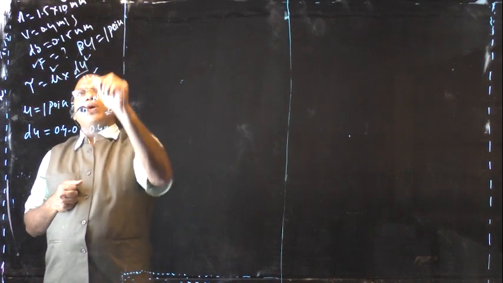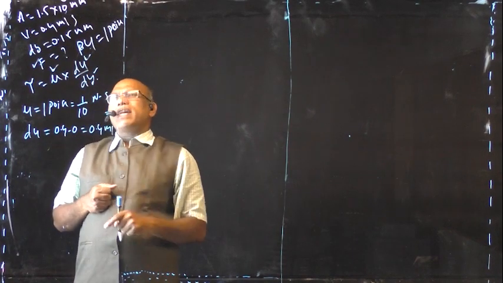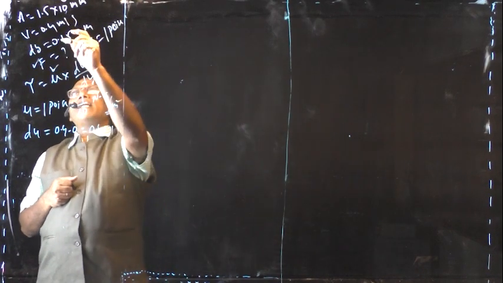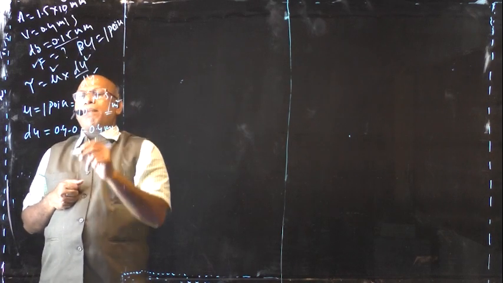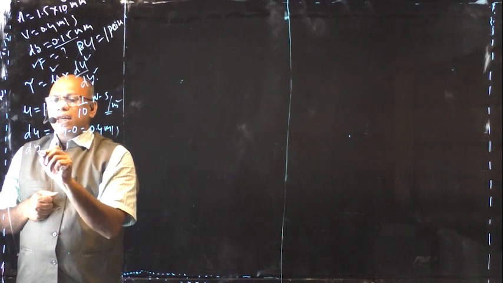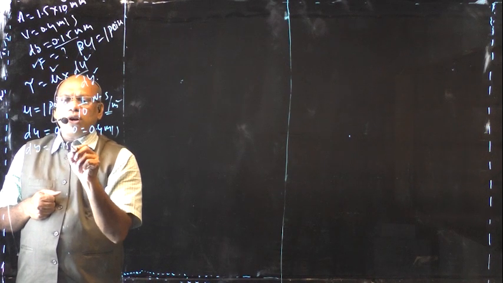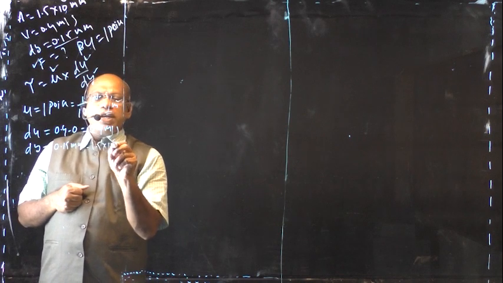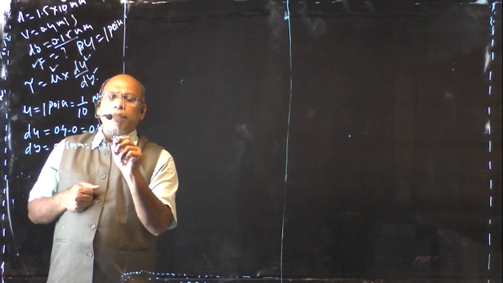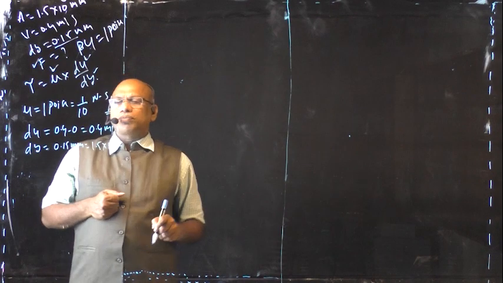This is also known to us. Then dy, the distance between the plates, is given as 0.15 mm, which is equal to 1.5 × 10^-3 meters.